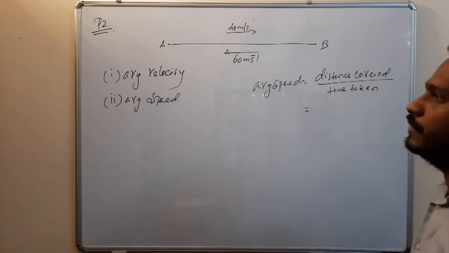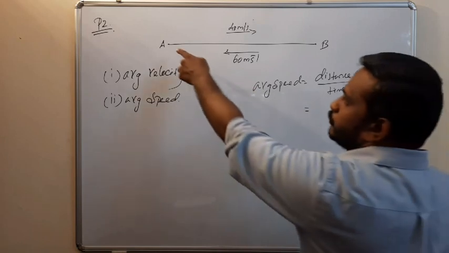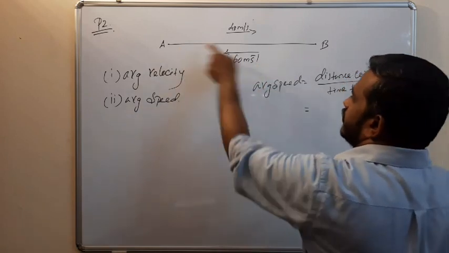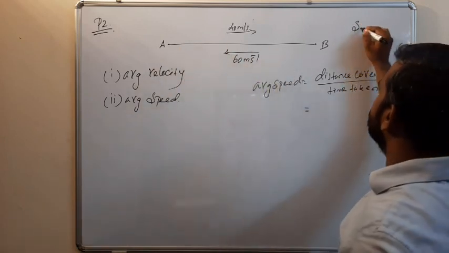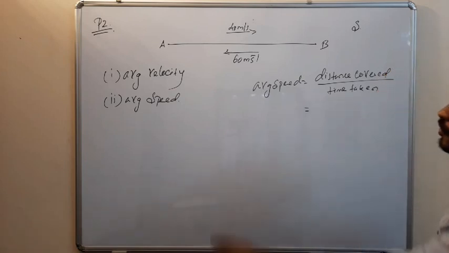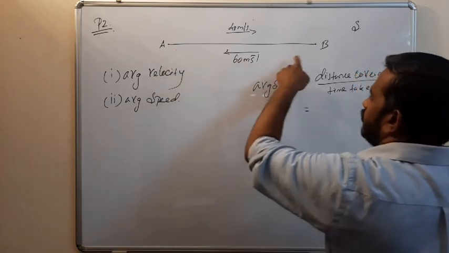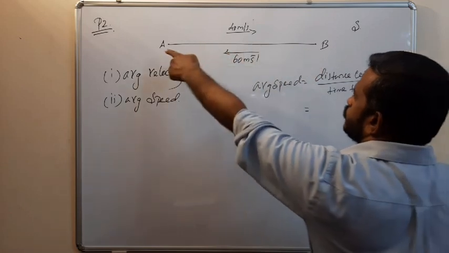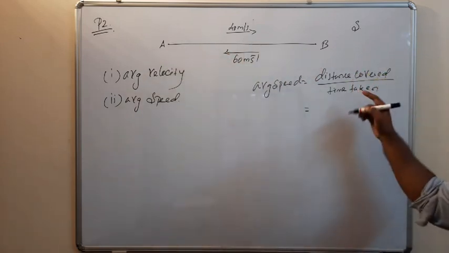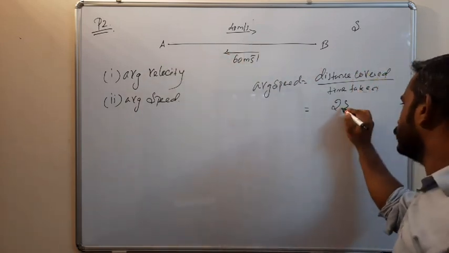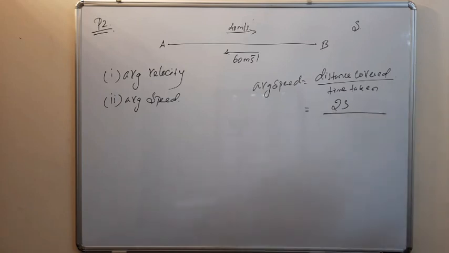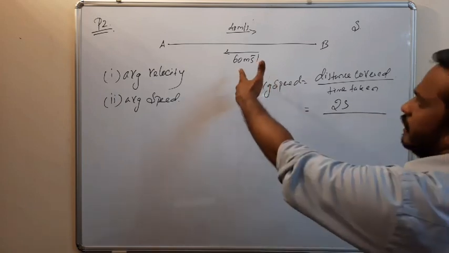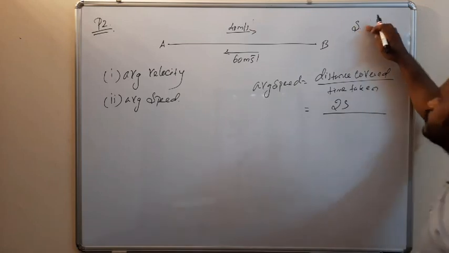So that is equal to the distance covered from A to B. I am considering this distance as S. From A to B it travels and again it goes back, so the total distance covered is 2S. Time is not given.